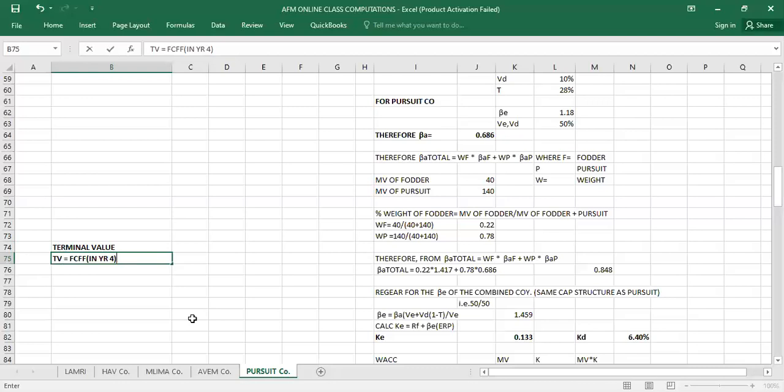It would make that place very clumsy. So free cash flow to firm into 1 plus G, divided by WACC minus G.